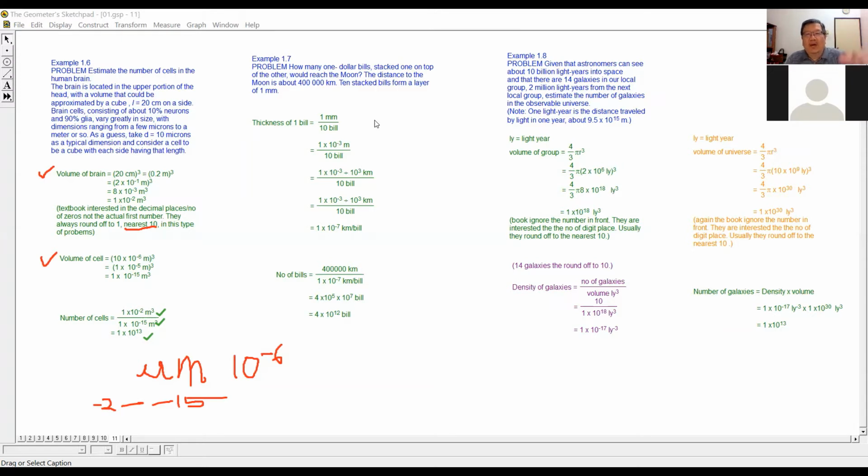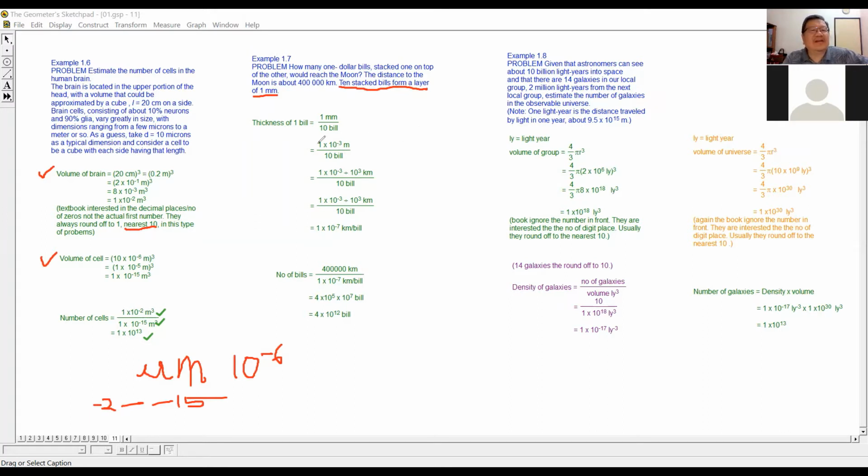Okay, one stack of 10 $1 notes is 1 millimeter. This is what they are trying to say. Let me draw here. 10 stacked bills form a layer of 1 millimeter. It means that 1 millimeter has 10 $1 notes.